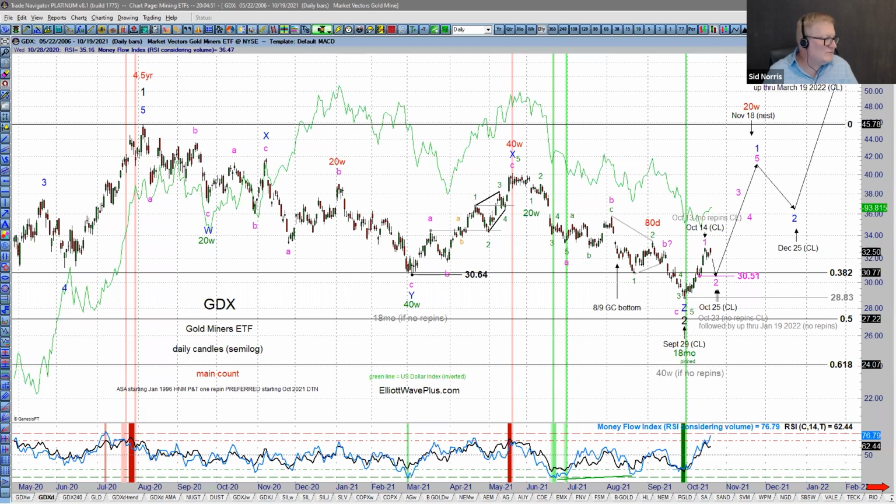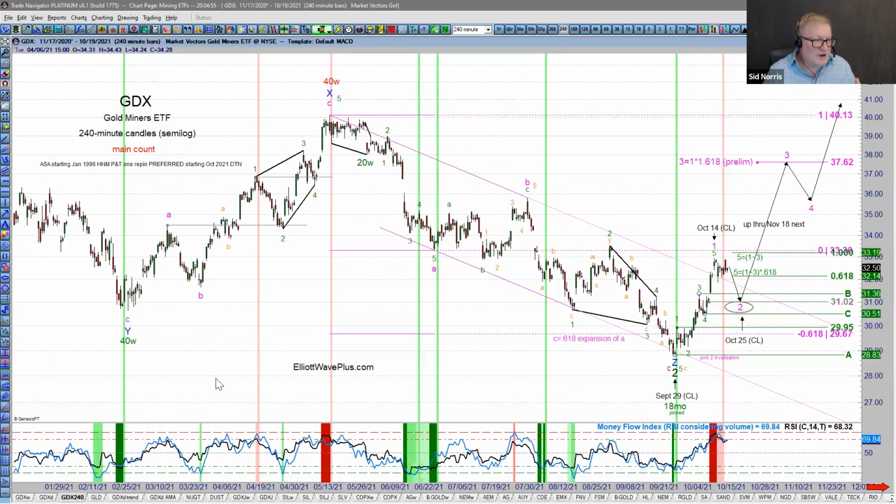It gives me an overall roadmap that gives me a huge edge over other Elliotticians that only use Elliott wave. It isn't perfect, but I think many, many times it has proven to be the real difference maker on some of these calls that I've made. So here's the real interesting thing on GDX.